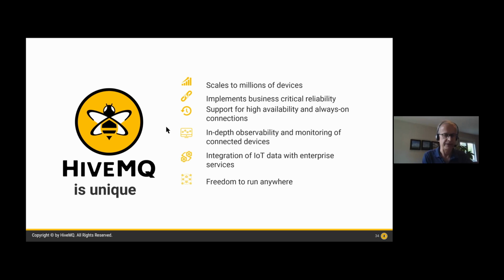So you get the freedom of choice. That's where we come in from the unified namespace: providing this enterprise-level MQTT broker that's scalable and reliable, and provides the tooling you need to manage the deployment once it's running. So that's a really quick synopsis of HiveMQ.